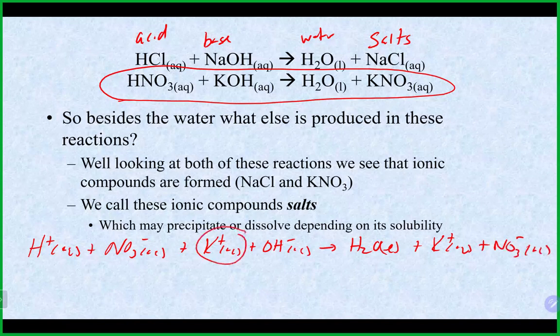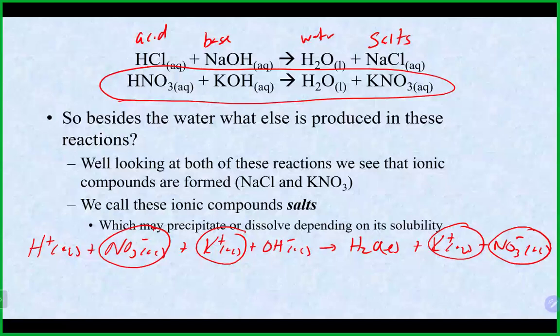And again, here, taking our spectator ions, which are exactly the same on both sides. And as I might have mentioned as well, they should be the same ions on both sides, and you should have the same number of those ions on each side.